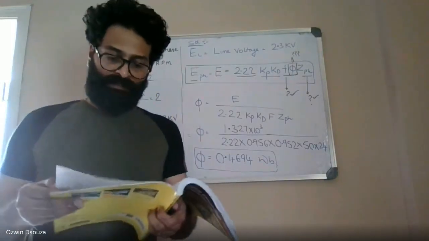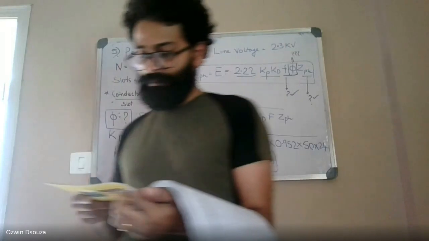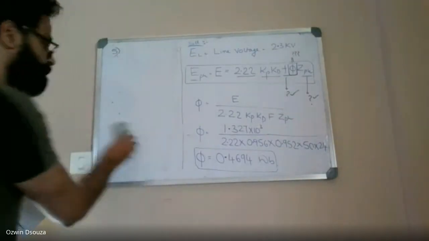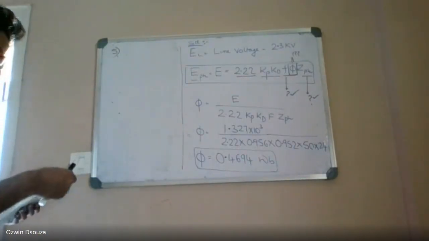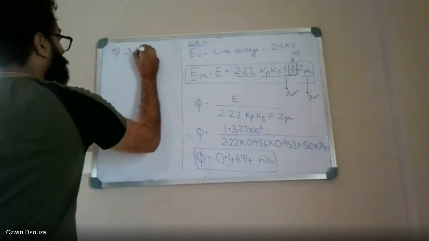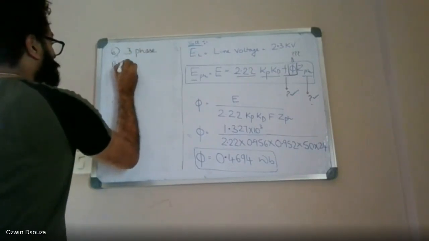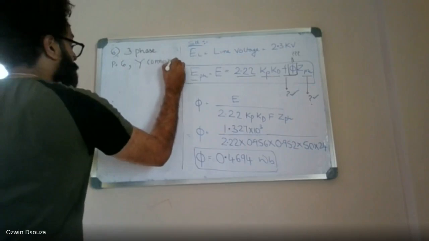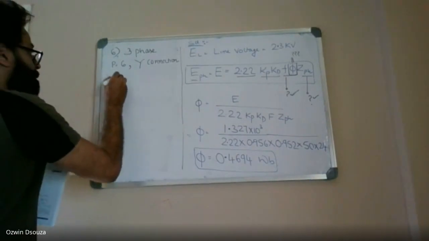Okay, next problem, let's take down. A 3-phase 6-pole star connected alternator revolves at 1000 rpm.